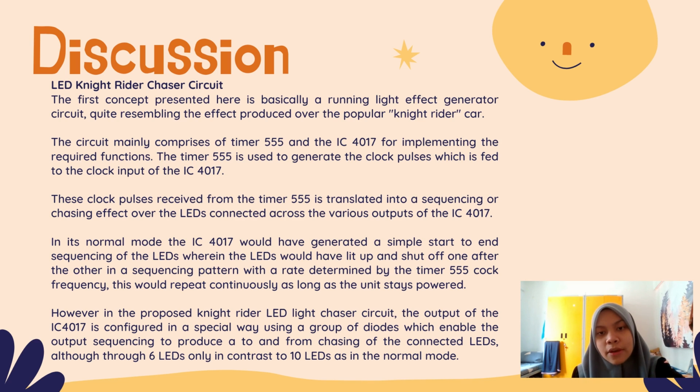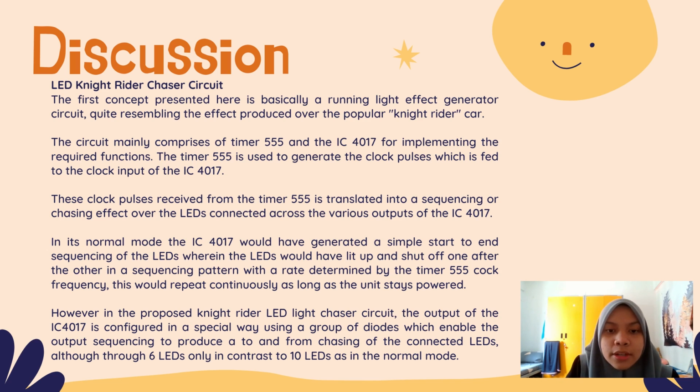The timer 555 is used to generate the clock pulse which is fed to the clock input of the IC4017. The clock pulse received from the timer 555 is translated into a sequencing or chasing effect over the LEDs connected across the various outputs of the IC4017.